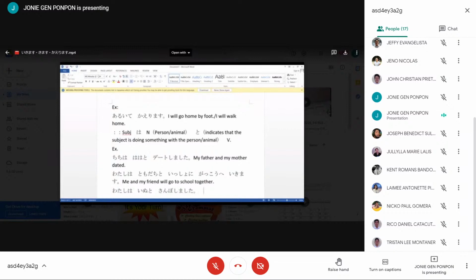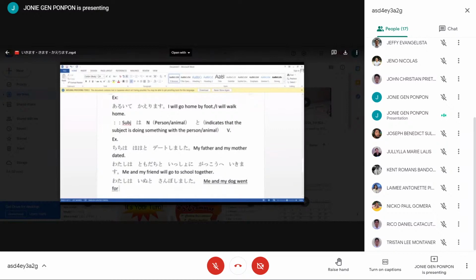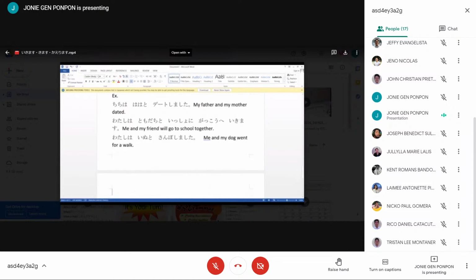Okay, so me and my pet, me and my dog went for a walk. Yan. Okay, so you can also use animals here. Yan, so watashi wa inu to sanpo shimashita. Okay, so that's how you use this sentence pattern. Next sentence pattern.